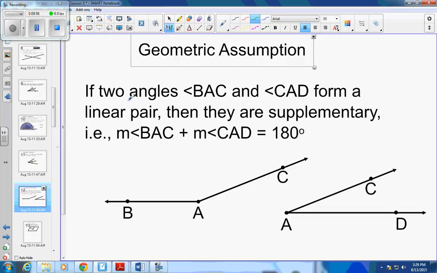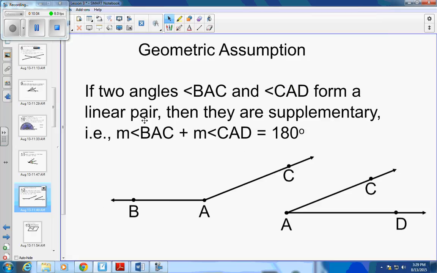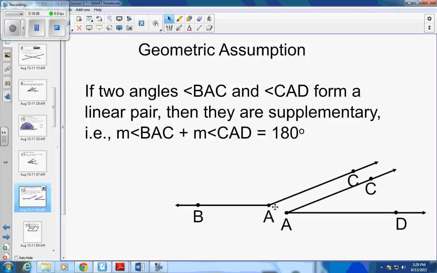Okay, another assumption. If you have two angles, angle BAC and angle CAD, okay, here they are. They form a linear pair, so if I slide them together, they make a line, which means linear pair. That means that when you add these two angles together, you have to get 180 degrees.